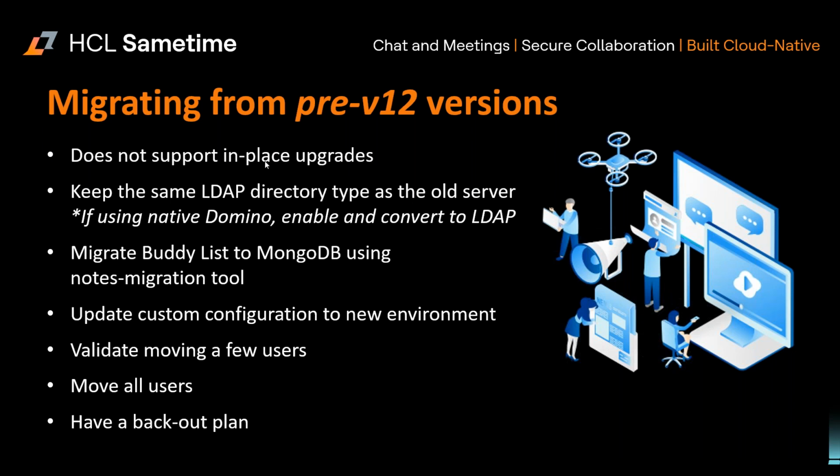For those that are previous to V9 or V11, there might be some extra work around converting your buddy list to an LDAP format if you're not already doing LDAP, simply because we have to get the newer code to you. You might have to take one step there to get a newer version deployed, to be able to take advantage of some of those utilities, because we depend upon the Java versions.